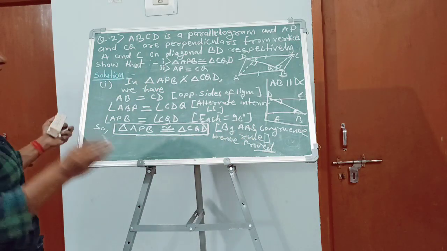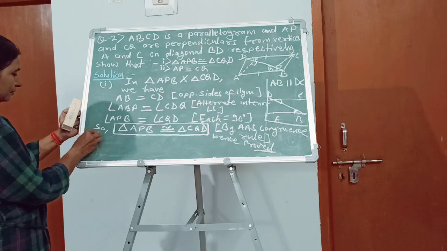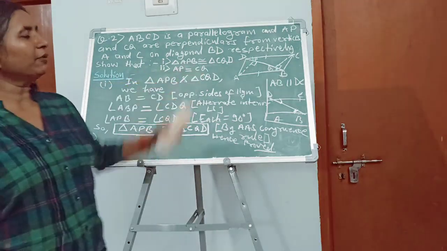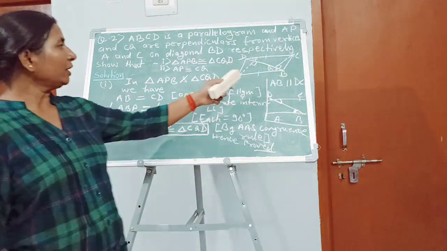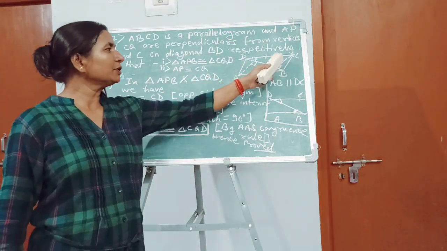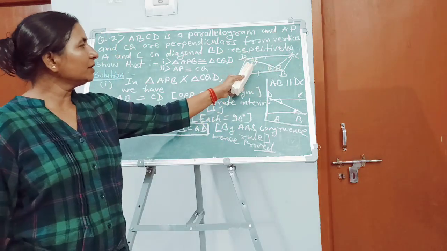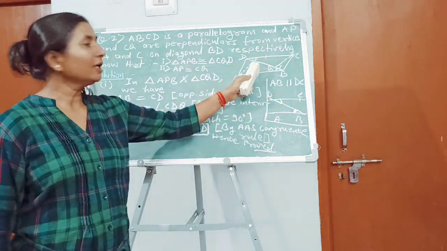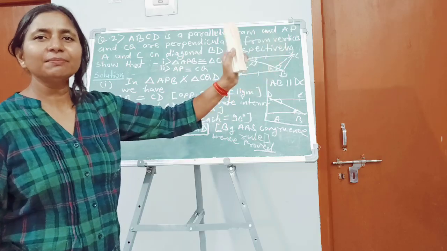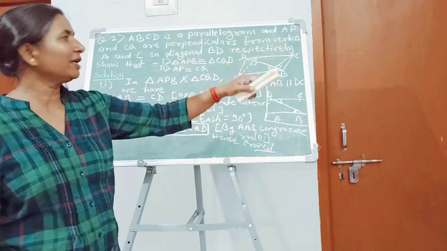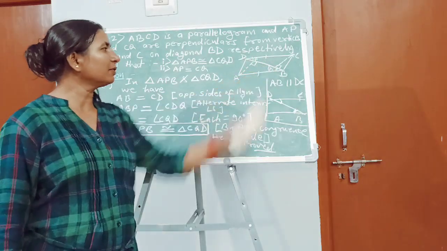Now let us see second one. AP is equal to CQ. Of course, because these two triangles are congruent, then by CPCT, corresponding parts of congruent triangles, we can say that AP is equal to CQ.